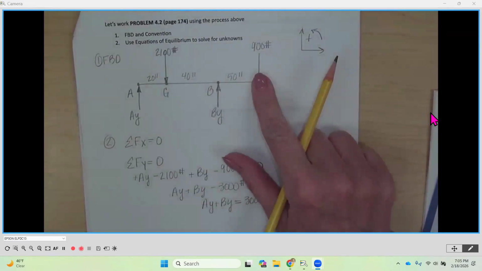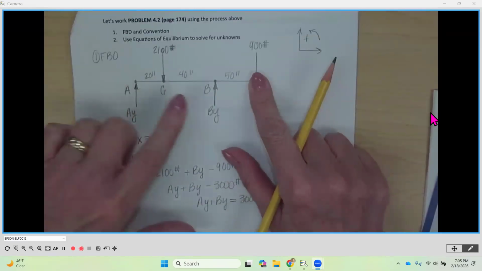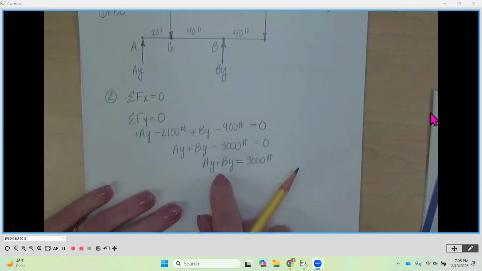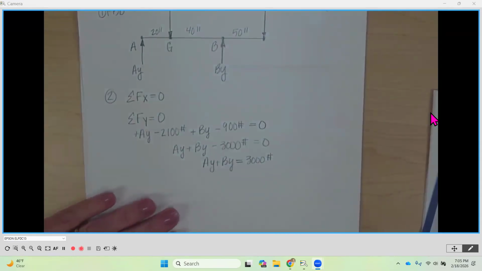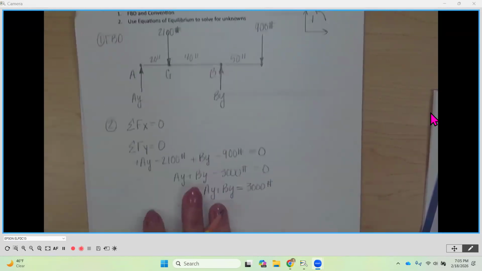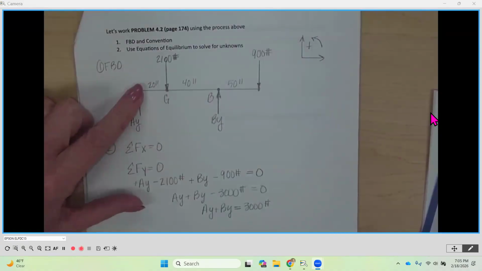If I sum around the 900 over here, I'm going to have an unknown at A and an unknown at B, and I'm in the same boat as I was right here. So summing your moments and thinking strategically about which one of these you want to take out will leave the other one to be solved for, and then I can do the substitution back. So that's what we're going to do.